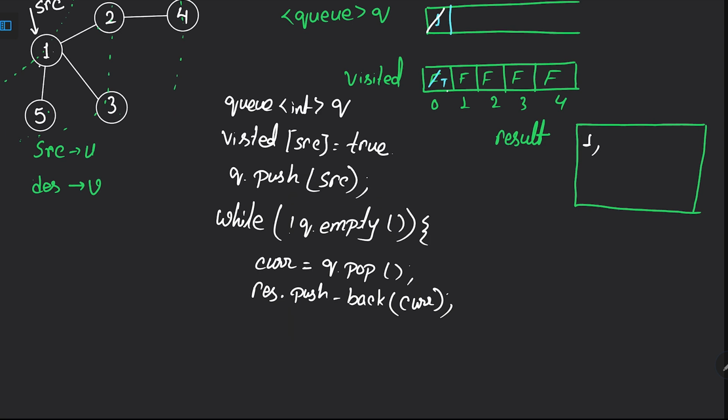And here we will check if the neighbor of this source element is visited or not. So for this we will use a for each loop, for integer x in all neighbors of current. All neighbors of current is visited or not, it will check that.